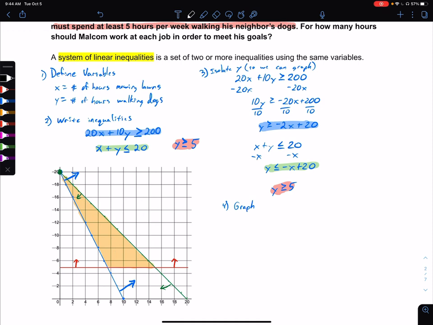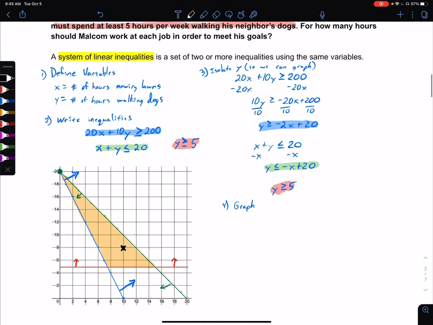And what we're looking to do is pick any point in that shaded region, whatever one you want. Again, let's use an example, maybe 10, 8. So this point here would work. Malcolm would be able to work 10 hours mowing lawns and 8 hours walking dogs, and that would help him make that $200 income. Any point within this.